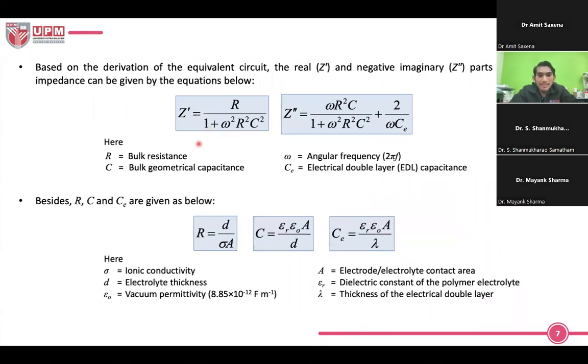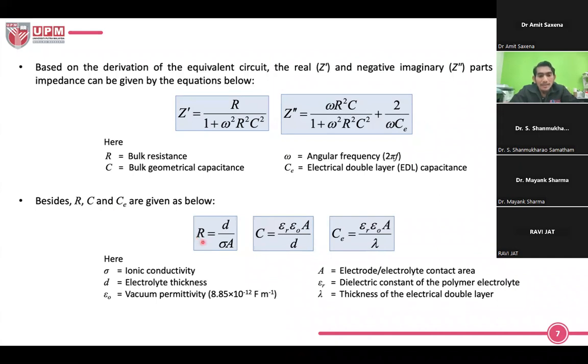So this is the equation for real impedance, and this is the equation for imaginary impedance. And from here, we can also determine the value of resistance, capacitance, and the EDL, electrical double layer capacitor.